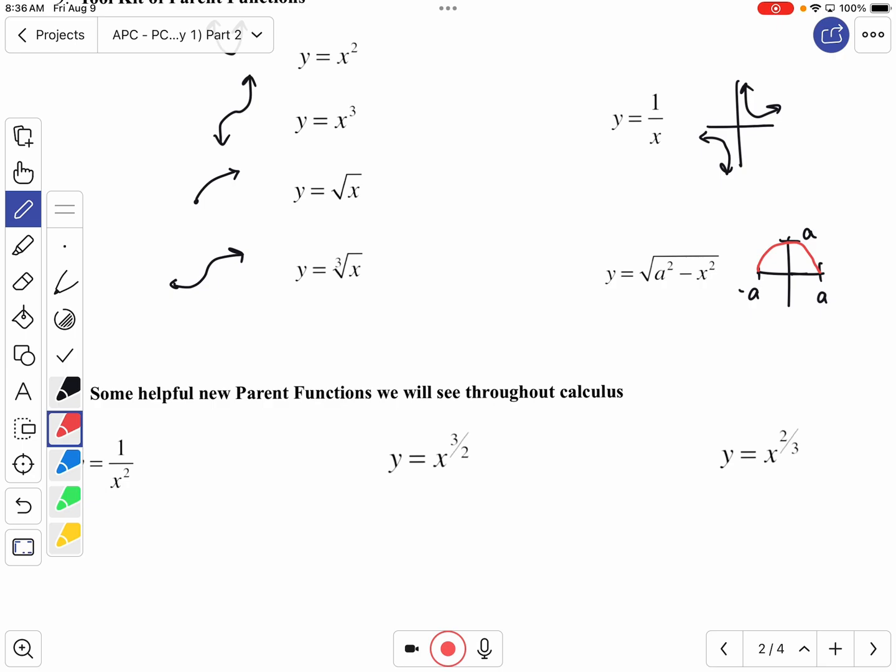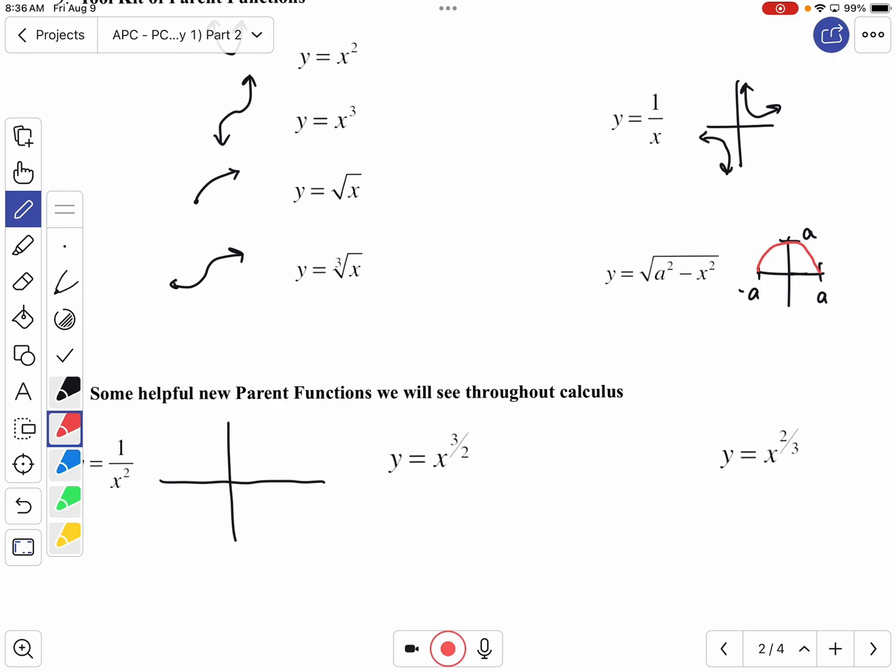But let's think about 1 over x squared. It looks a lot like that reciprocal function. But what do you think squaring it's going to do? On the bottom. If I plug a negative in there, what's it going to do to my fraction? Makes it positive, okay?